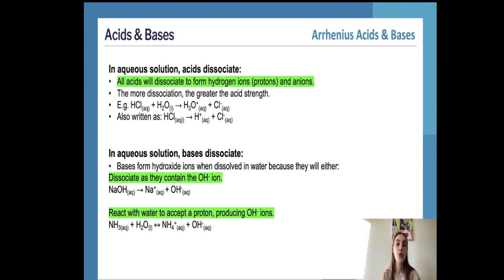So acids will form H3O+, or H+, and then we'll have left behind the chloride ion. And so this can also be written as HCl dissociates into H+ and Cl-. And so this is just showing that it has full dissociation because it is a strong acid.